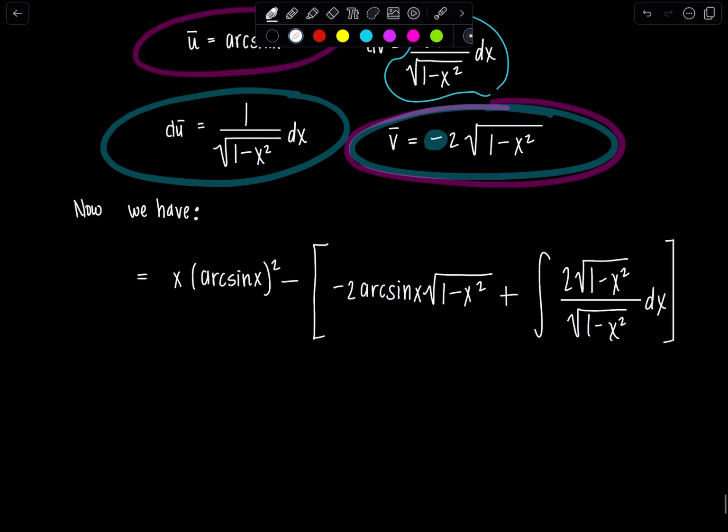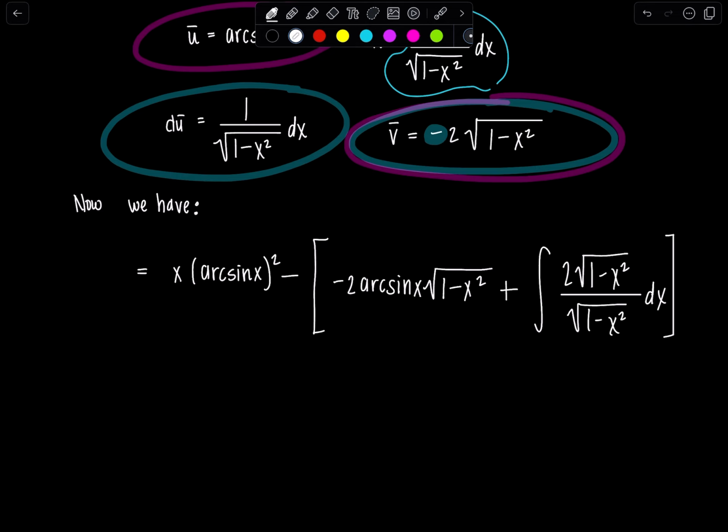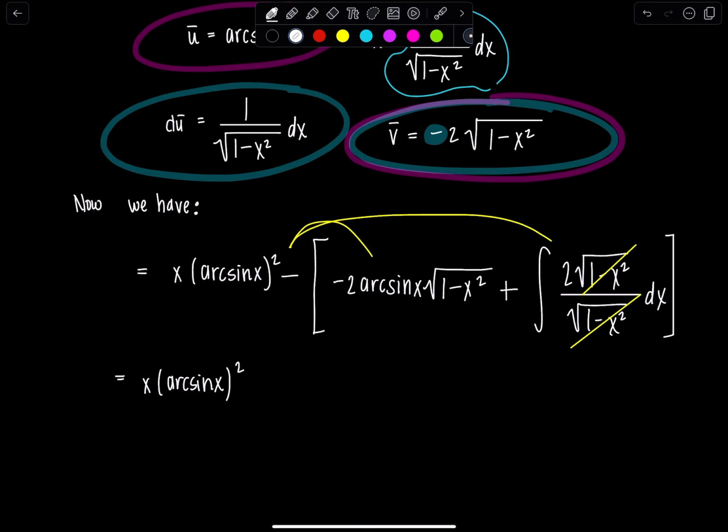How are we doing? Do you see the end is in sight? There is a light at the end of the tunnel. Hallelujah, this cancels. Let's distribute the negative as well while we're at it. So this is x times arc sine of x plus 2 arc sine of x radical 1 minus x squared, minus the integral of 2 dx.